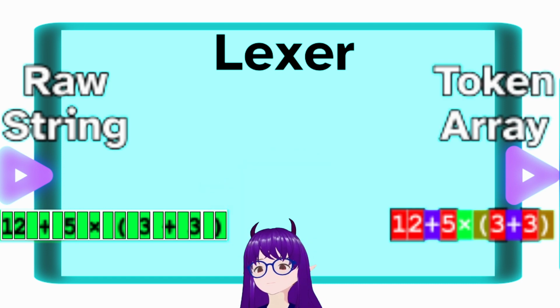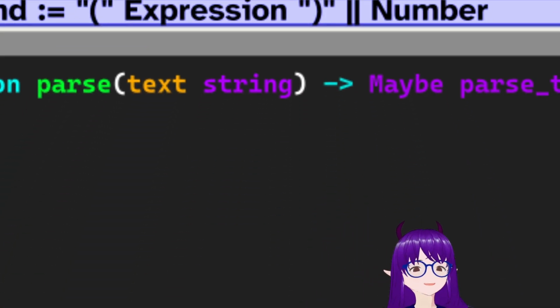Since numbers are atomic in this grammar, it collects together the digits into entire numbers, and it also removes any white space. I'm not going to explain the lexical analyzer in this video, but rather I'm going to treat it like it has already been implemented.